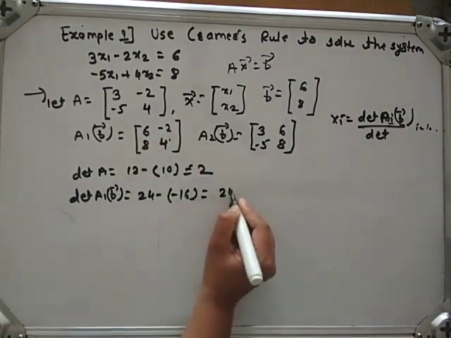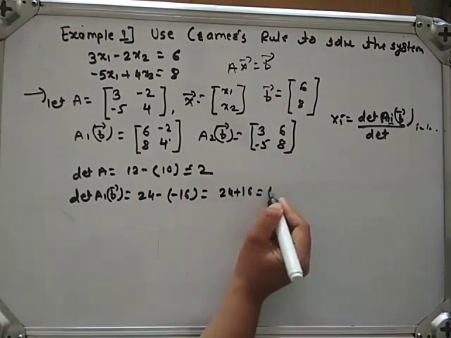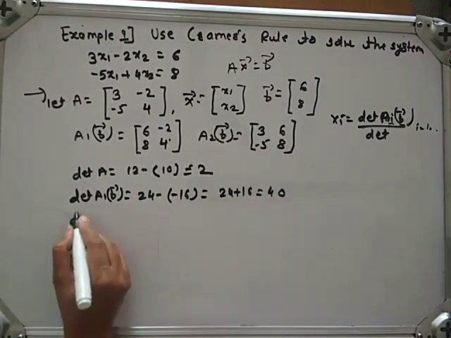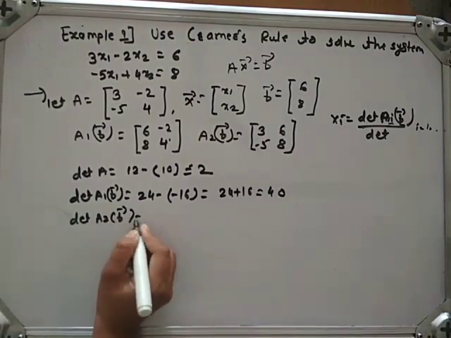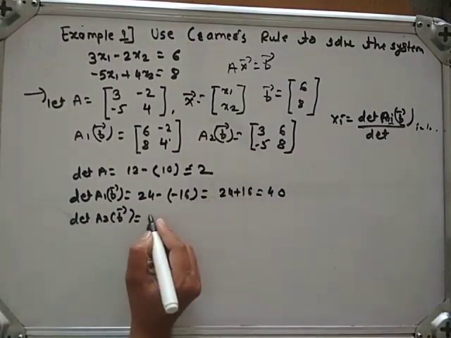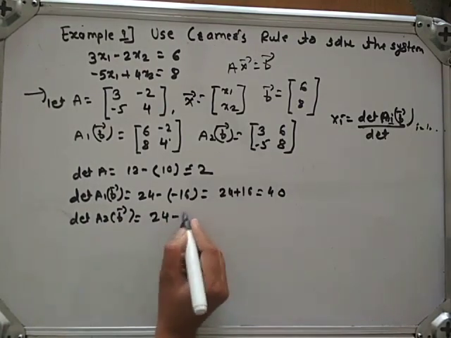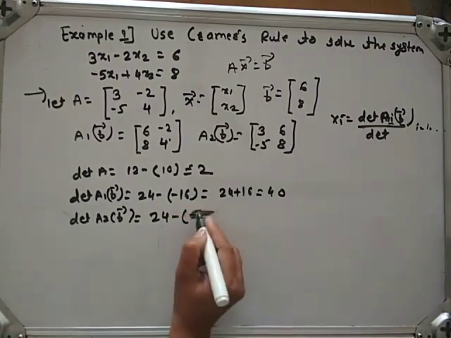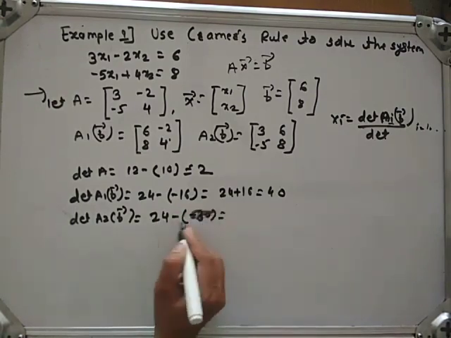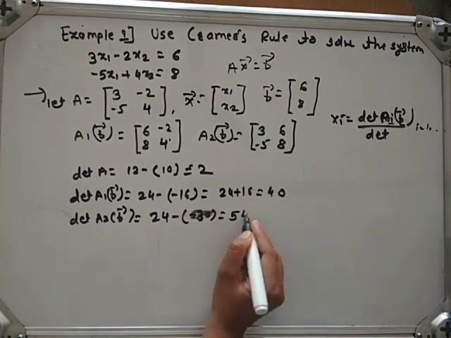So 24 plus 16 is equal to 40. Determinant of A2(b bar) is equal to 3 into 8 is 24 minus 6 into minus 5 is minus 30. This is 24 plus 30 is 54.